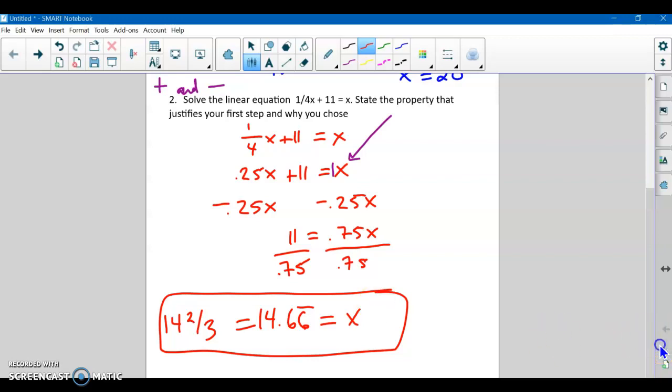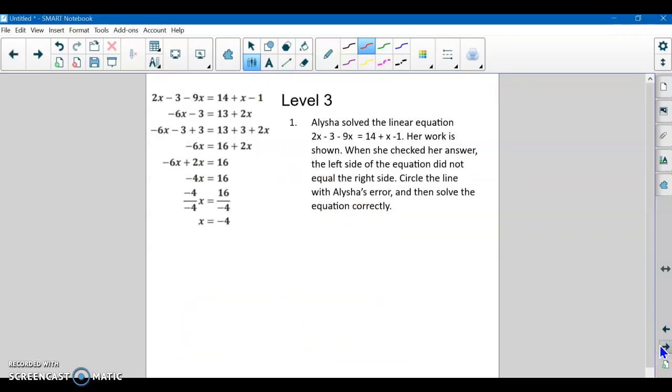Okay, let's go to the first level 3 question. This one, a lot of you were still able to tell me that her error was right here. So I want to, just like we did with number 1, combine like terms.